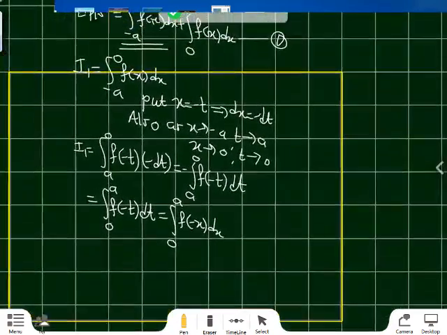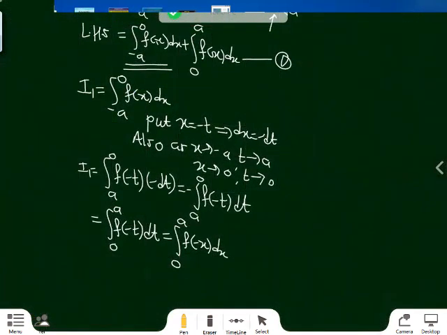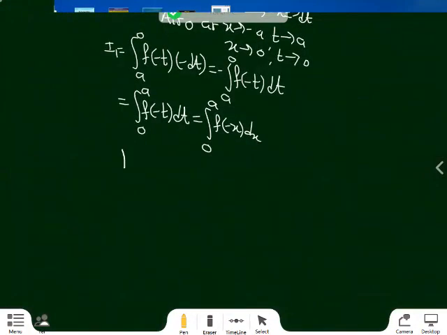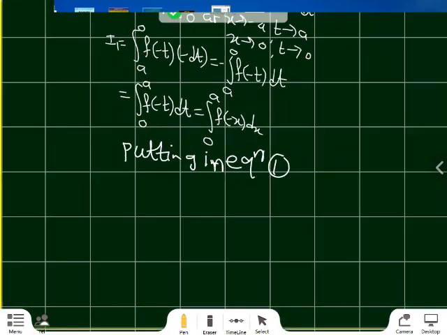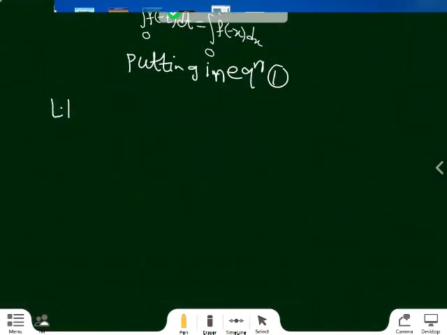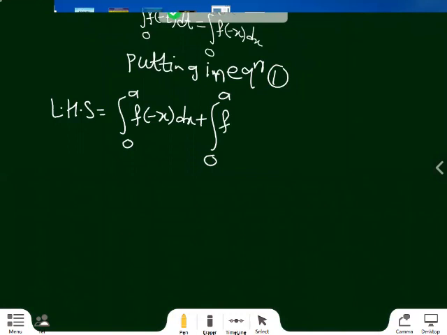Now putting this value of I1 in equation 1, we get LHS equals integration from 0 to a f of minus x dx plus integration from 0 to a f of x dx.